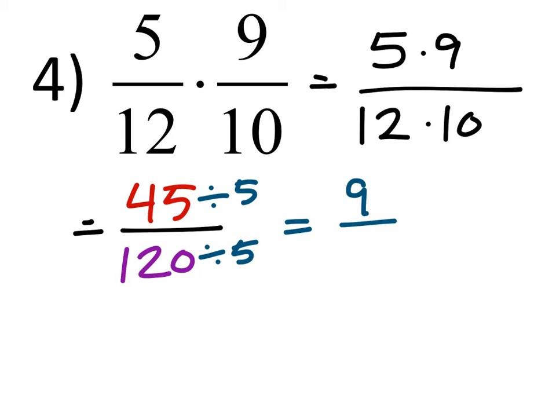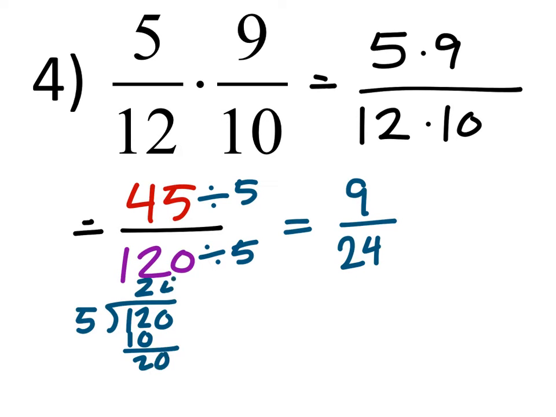And 120 divided by 5, it looks like that would be 24. We can do the long division. 120 divided by 5, there's 2, 10, and 24, 0 remaining.